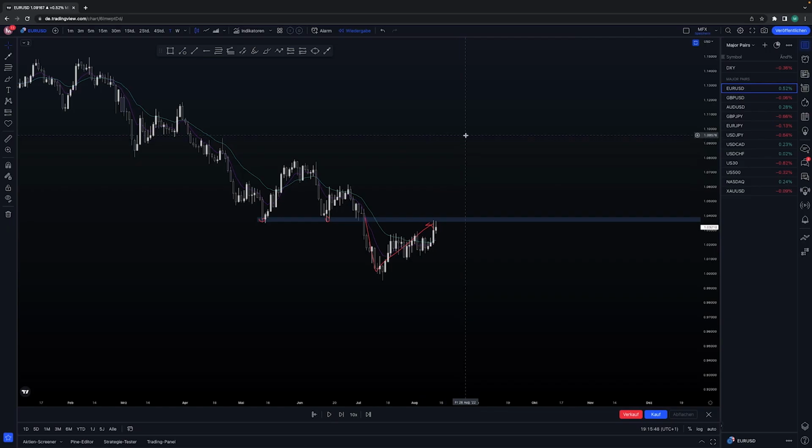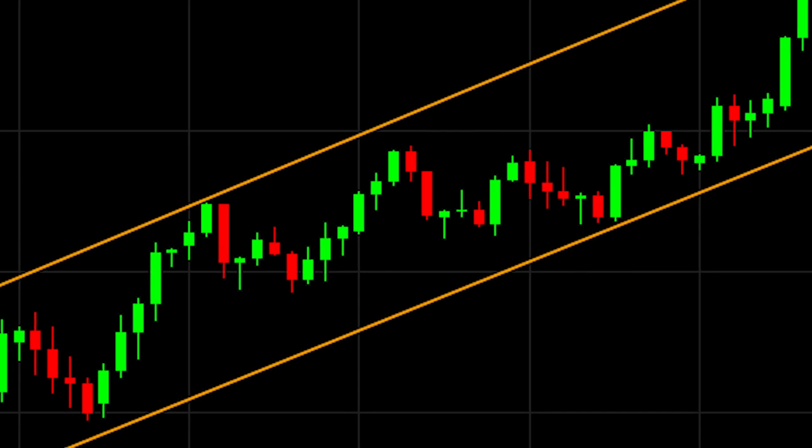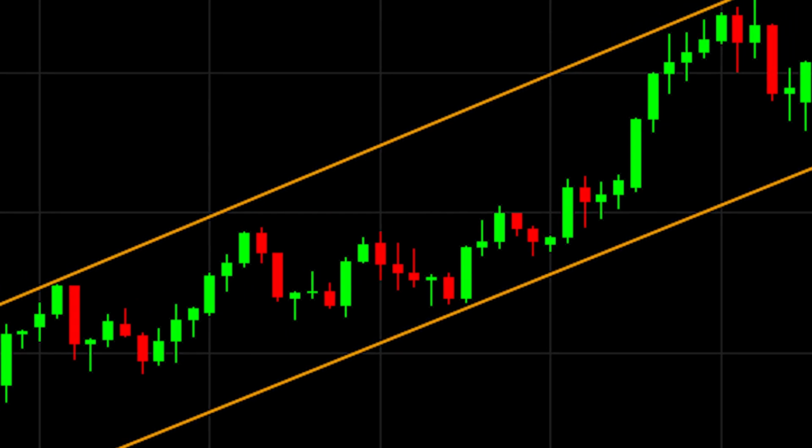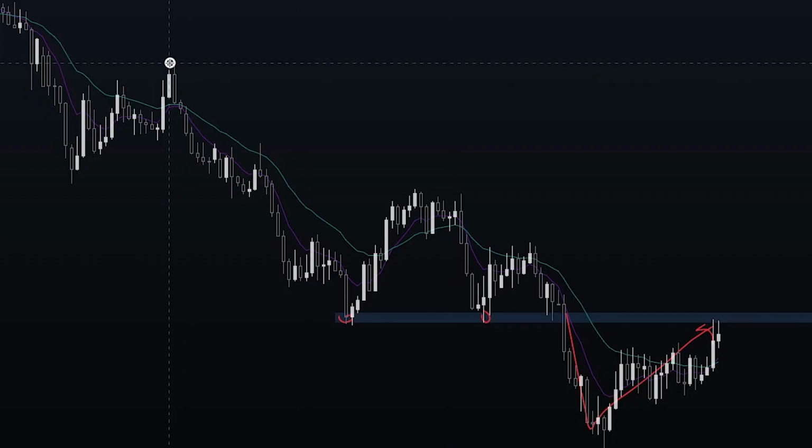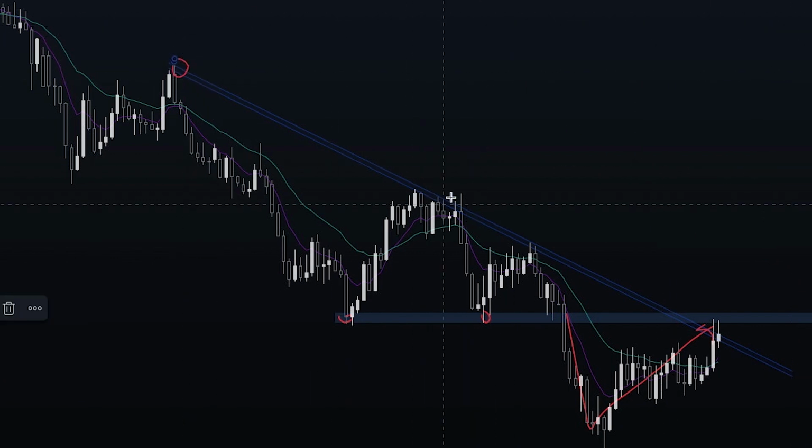And when you want to go further, you can use trend lines as well to make your entry point even stronger. So right here, what we have is a clean trend line as well. We have here a touch point, a touch point, a touch point, and now we're reacting from this trend line again right here.